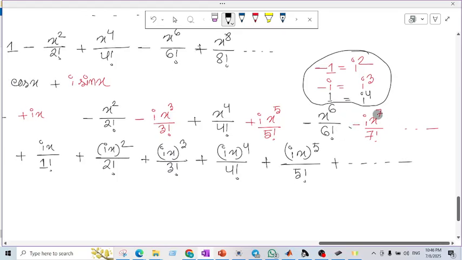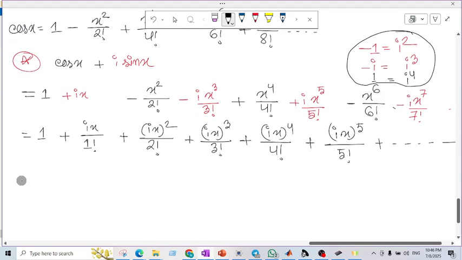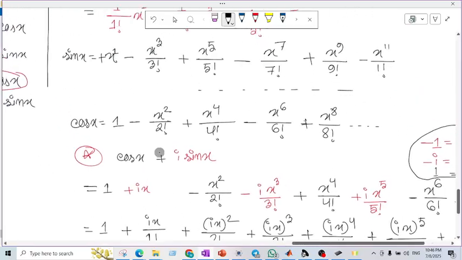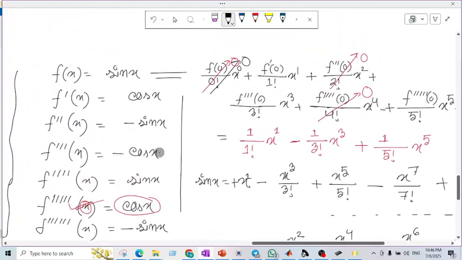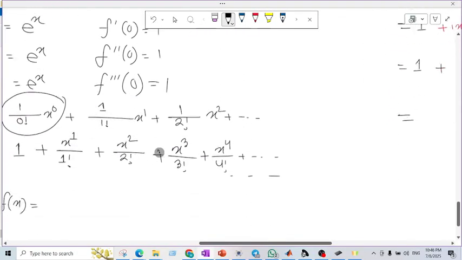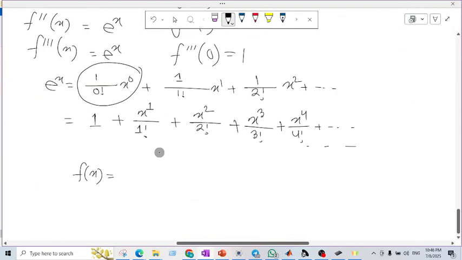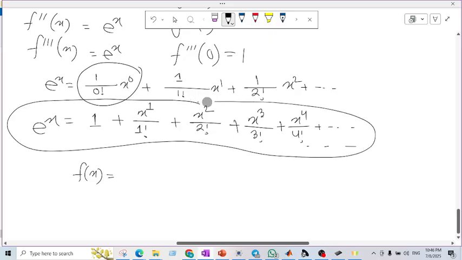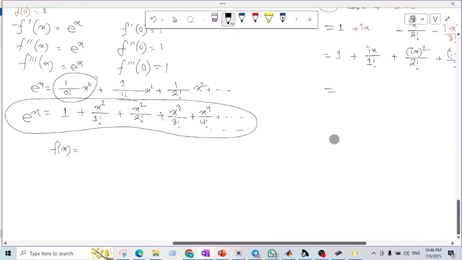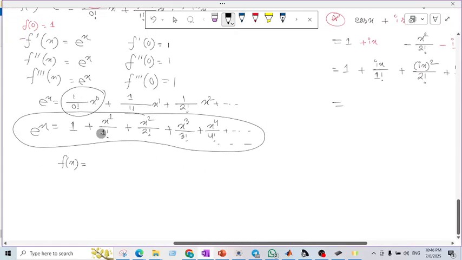Let me not write these two terms. So now tell me what is this: 1, then ix divided by 1 factorial, ix squared divided by 2 factorial. Let me check what was e to the power x. Where is e to the power x? Here. You see, e to the power x looks like this. Let me compare these two terms.